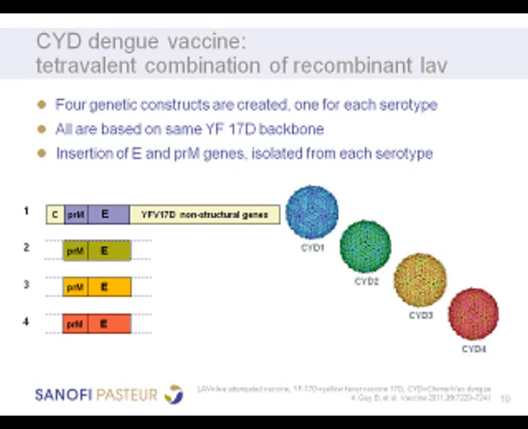Each of these viruses was originally isolated in mosquitoes or mosquito-derived cells, passaged a couple of times before amplification and cloning and sequencing of the pre-membrane and envelope genes, and then construction of the chimeric viruses. And all chimeric viruses were plaque purified to select strains that would be used for further vaccine development.